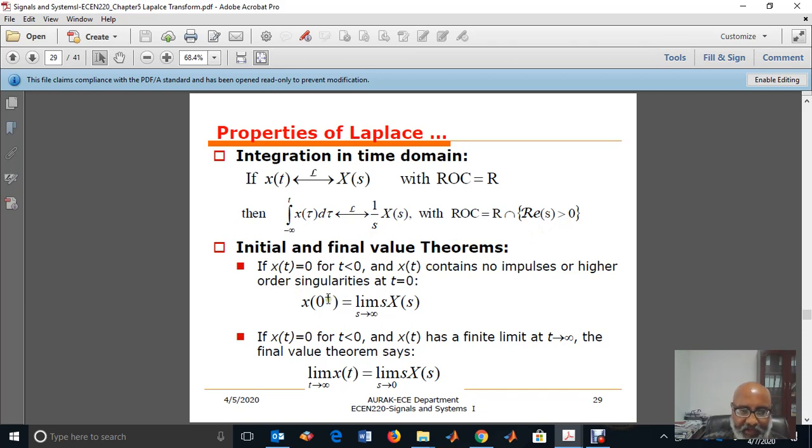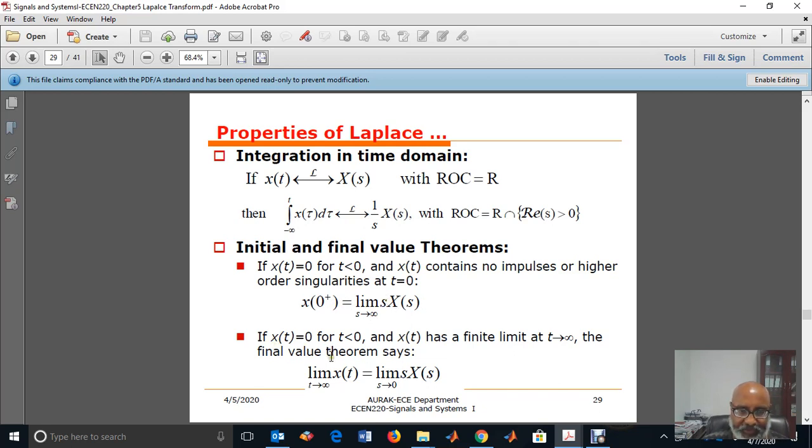Initial and final value theorem. These are important. If x of t is equal to 0 for t less than 0, and x of t contains no impulse or higher order singularities at t equal to 0, then x at 0 plus, the value of x at time t equals 0 plus, is equal to the limit as s goes to infinity of s times X(s).